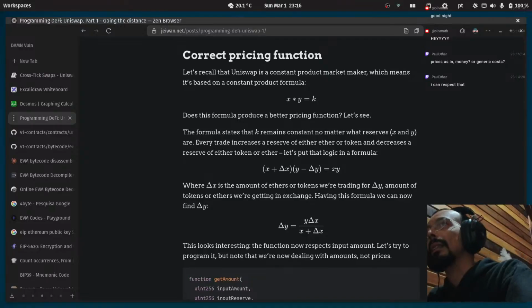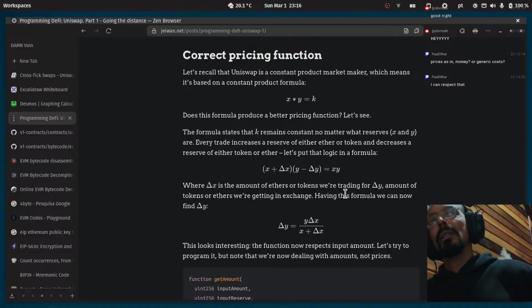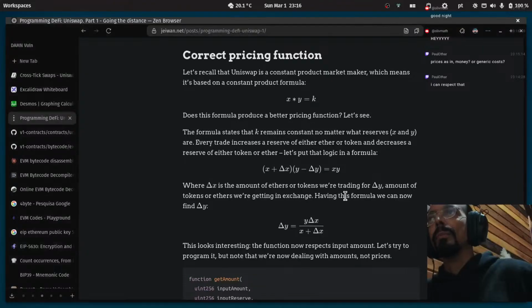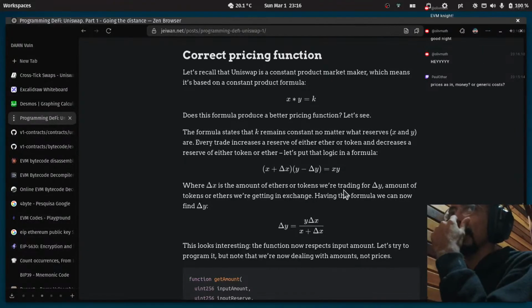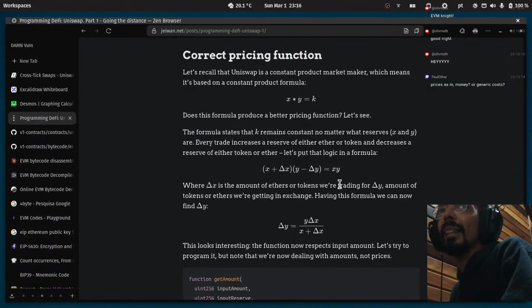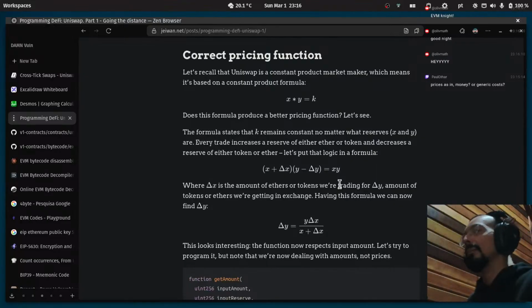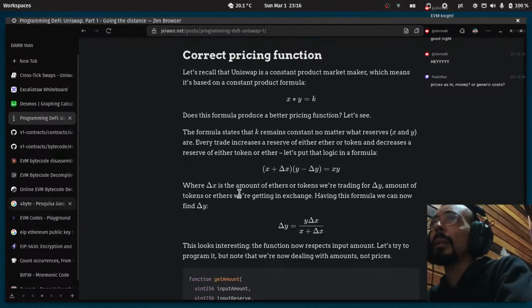Good night. We are studying Uniswap V1 formulas. The mathematician gets in the room. Okay, you're going to help us. FM Ignite, you're going to help us understand something here. Do you remember the formulas for Uniswap? Did you study that?